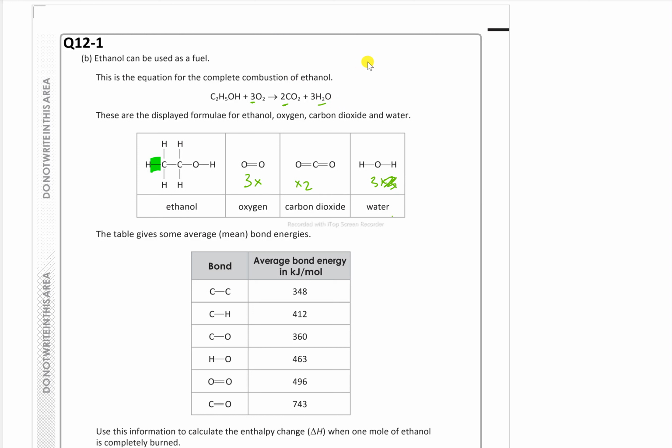So we've got carbon, hydrogen, 1, 2, 3, 4. So we're going to start here. We've got 4 times carbon, hydrogen. Carbon, hydrogen is 412.